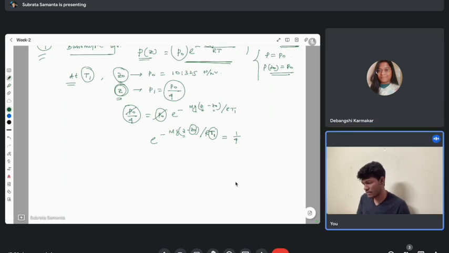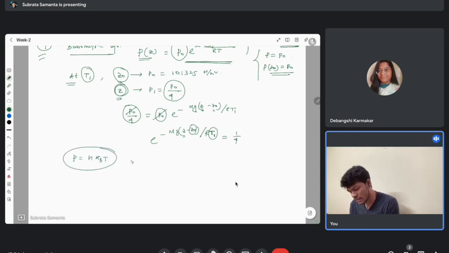Now the next thing, again the same. Let's say the pressure at a height z is 1 by 8 times the pressure at the base; find the ratio of the densities. Pressure P is actually n k T, so the pressure and the number density follow the same kind of distribution at a particular temperature, if the temperature T is fixed.